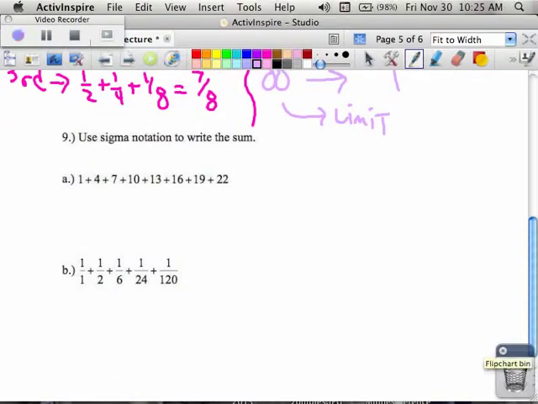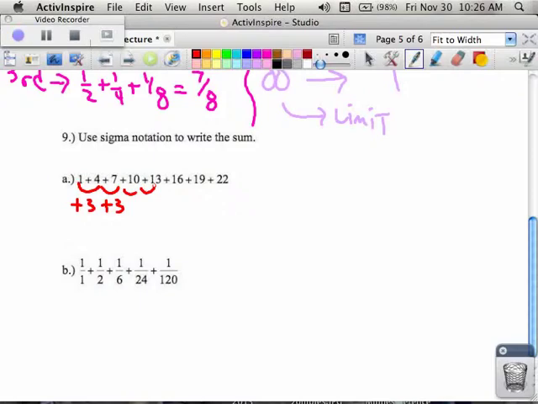In number 9, we're just going to go backwards. And this is kind of like finding our a sub n term, except we're just going to write it with summation notation. And what I notice in this first one, in 9a, is that from 1 to 4, I'm adding 3. From 4 to 7, I'm adding 3. So on and so forth. And every single time, I'm adding 3.